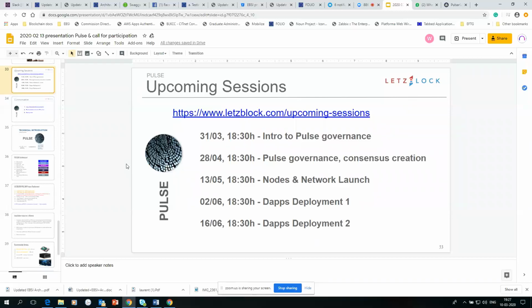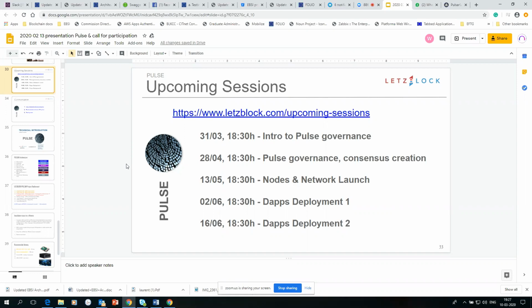Based on what you understood from the technology and the governance part, we will bring all that together and try to decide as a community how we will implement the Pulse protocol and how we will run the network. So preparation in terms of critical thinking and your ideas and input will be needed for the 28th of April.